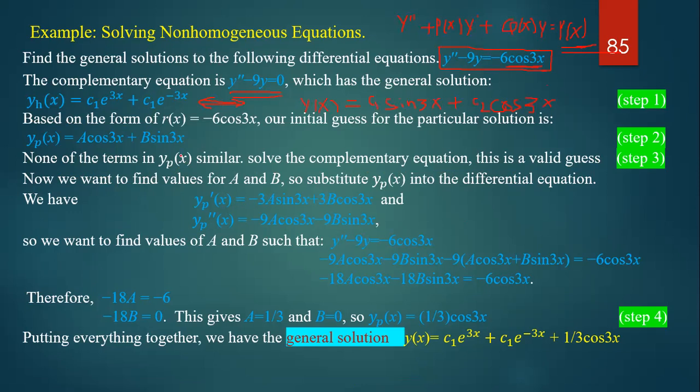Now we take the first derivative and second derivative of y p of x to determine a and b. These coefficients a and b can be determined using this relation.